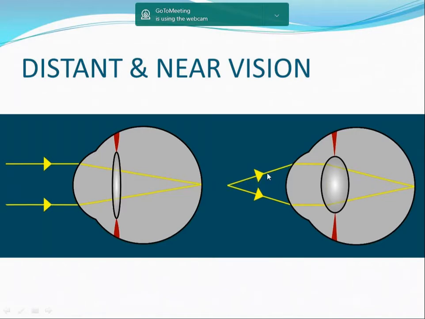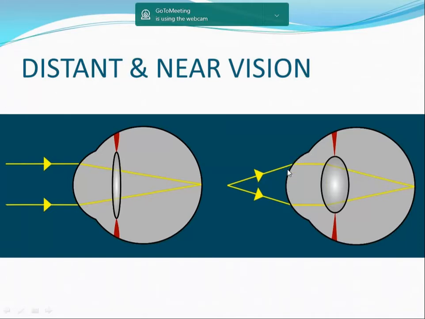So when they are divergent and still you have to see the image, what should happen? Otherwise, if the same refractive power was there, this image would have fallen somewhere behind the retina. But still you are able to appreciate it on the retina itself. Why? Because the refracting power of the eye has increased.